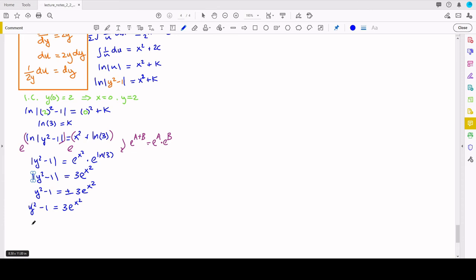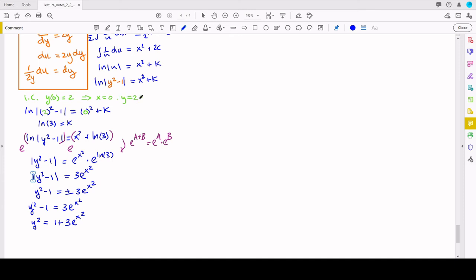So then I get y squared equals 1 plus 3 e to the power x squared. And then again, I need to take the square root, and then I have a choice, plus or minus.